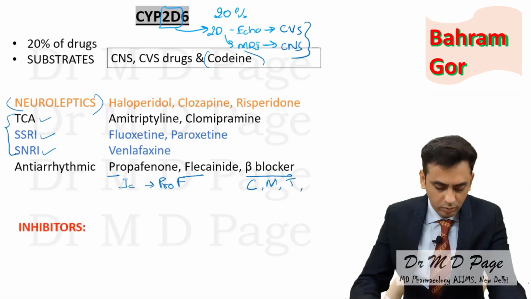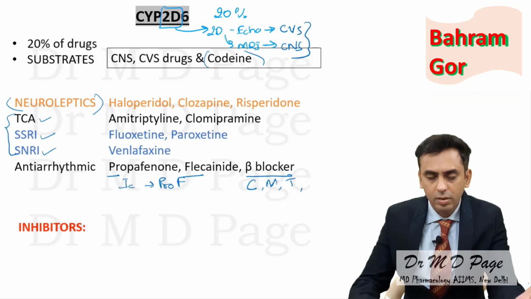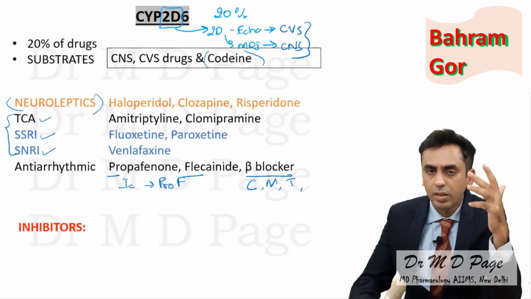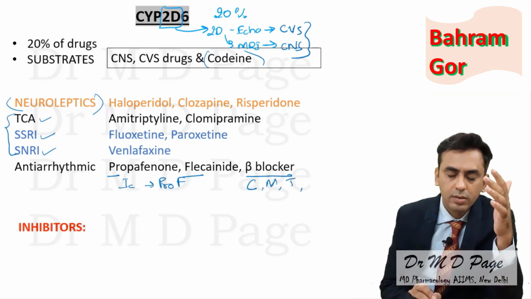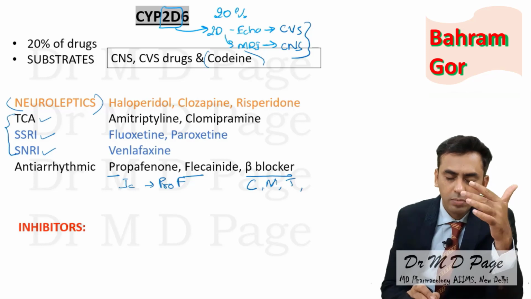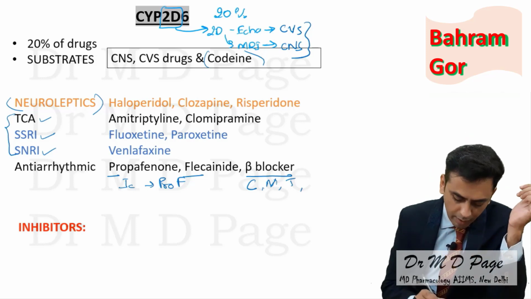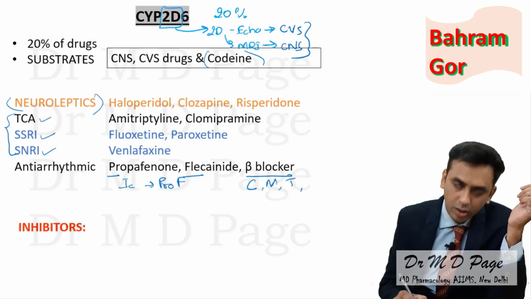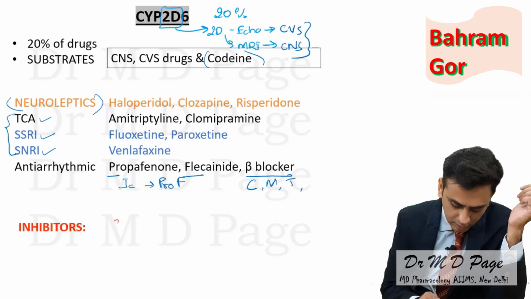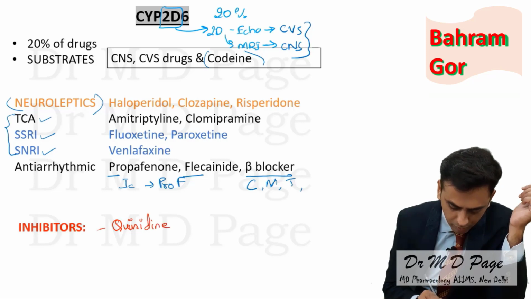For inhibitors, you can use the same previous mnemonic, ACC cements concrete inhibits enzyme very fast. But you have to remember one important inhibitor, and that inhibitor is quinidine. So you have to remember quinidine.